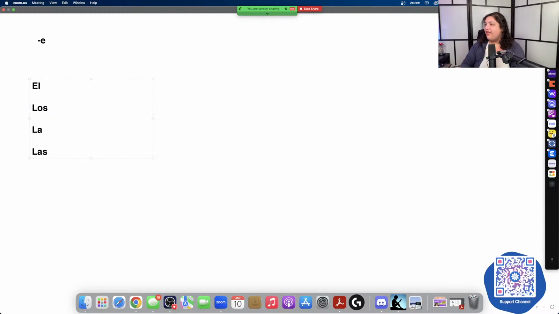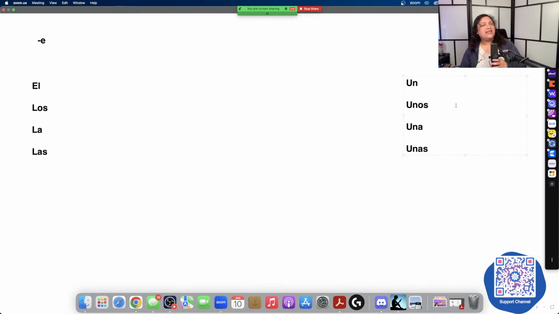This essentially means "the" in Spanish. And the other articles that we had learned were un, unos, una, unas. And this will be more like "a" or "an."